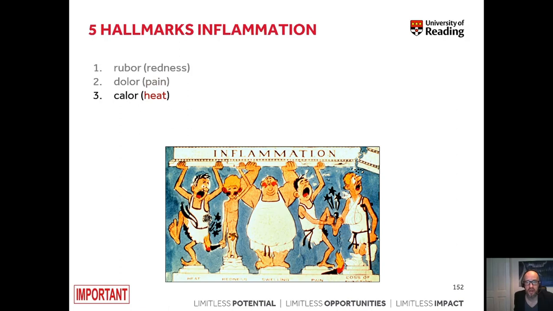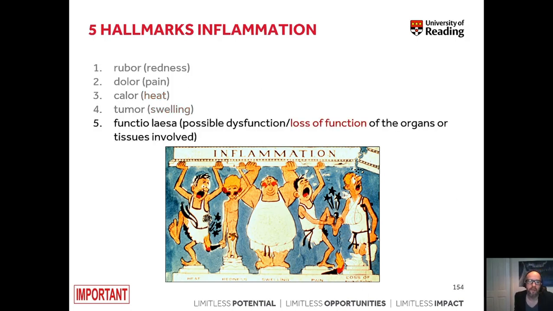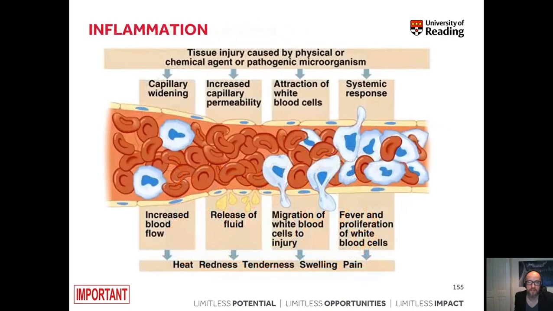Third is heat, and this is already part of the immune response. Development of heat changes the temperature in the tissue to a temperature range which is less favorable for the microorganisms. Then we have swelling, and last but not least, loss of function of the organs.